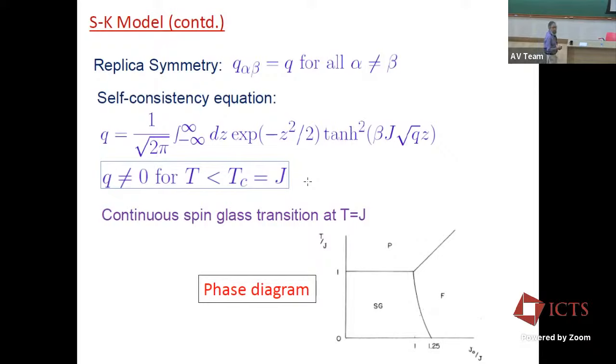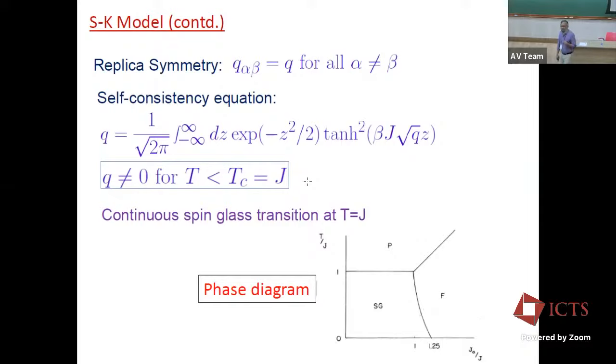So how is this q alpha beta equal to q an assumption? Yeah. At this point, it is an assumption of replica symmetry. But does it follow by minimizing that free energy? That question will be asked, yes. That is the subsequent development.